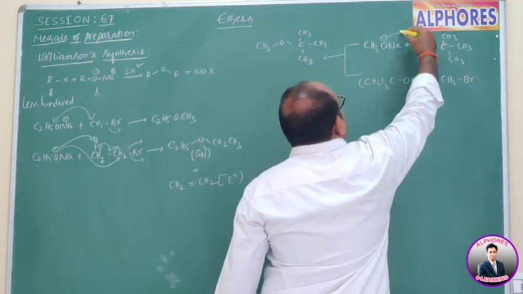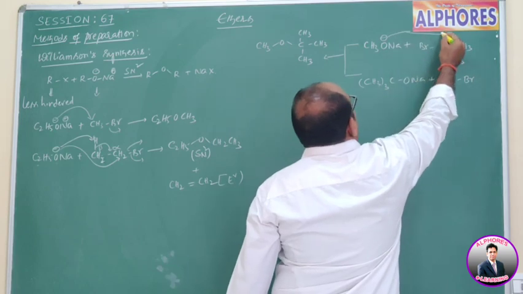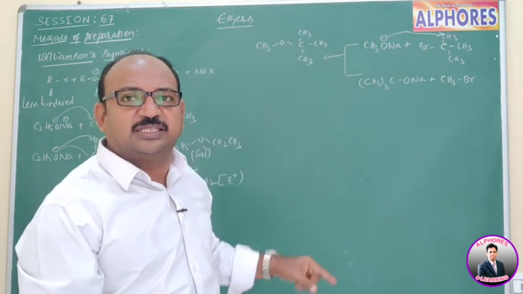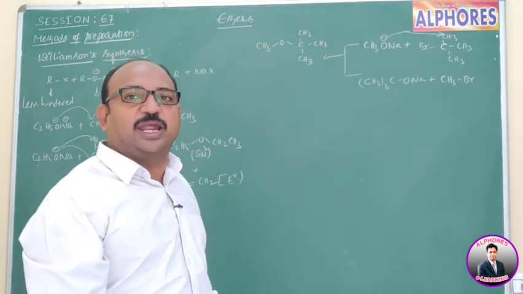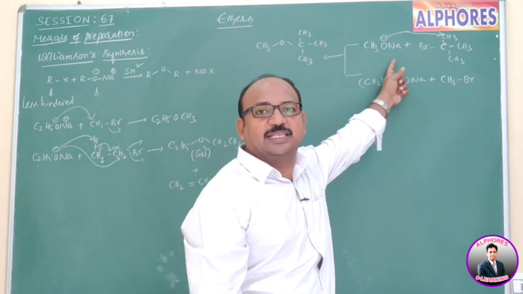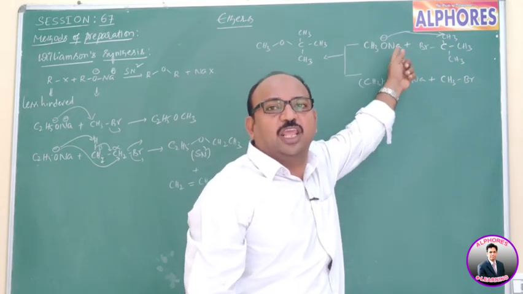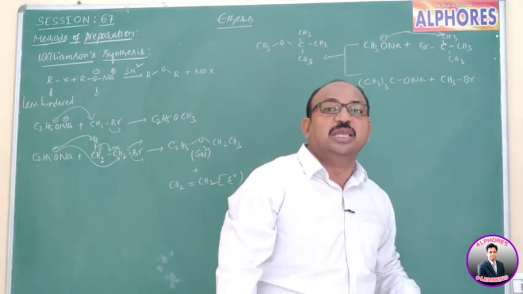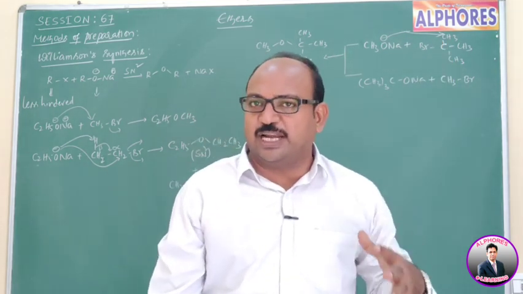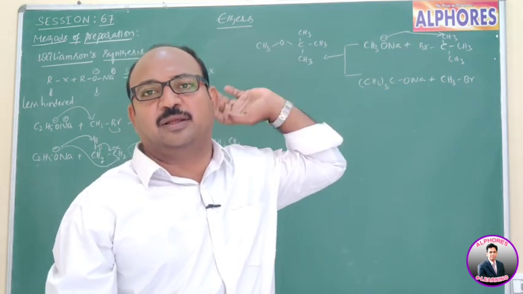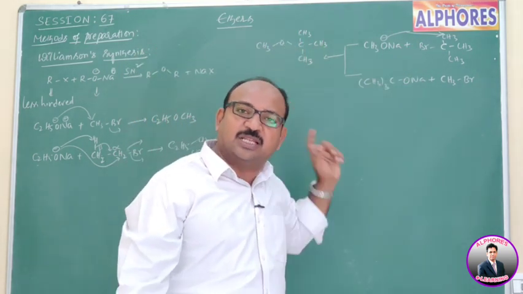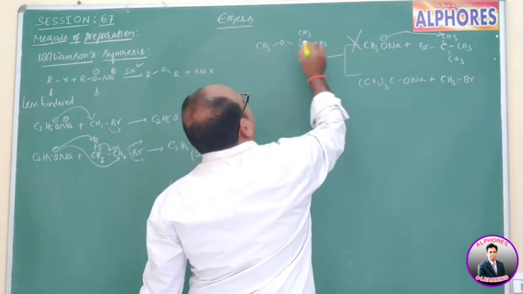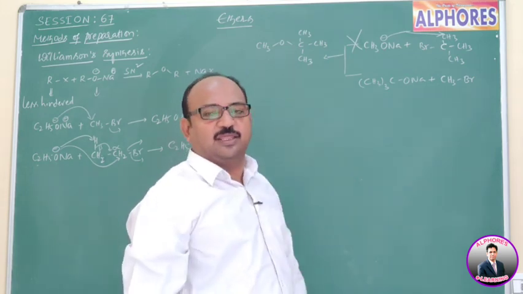Now this CH3O minus prefers to abstract a proton from the carbon containing hydrogen, which leads to elimination as a major product, because CH3O minus is electron rich. It cannot approach the central, more hindered carbon. Instead, it prefers to abstract a proton from the beta carbon. As a result, we get the elimination product as the major product. That means in this part we are not supposed to get methyl tertiary butyl ether.